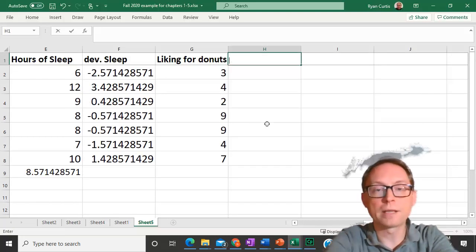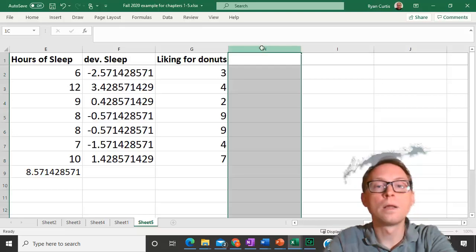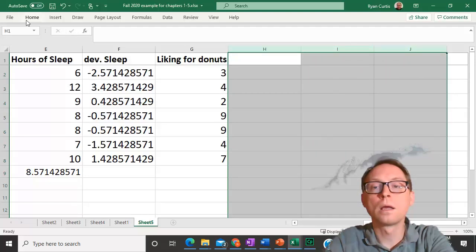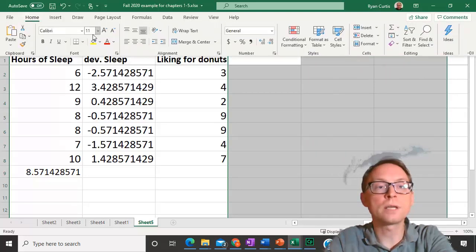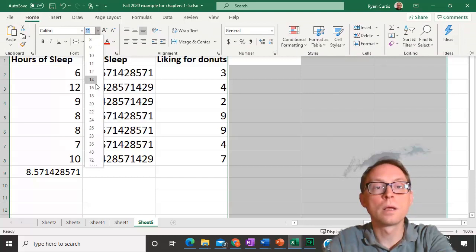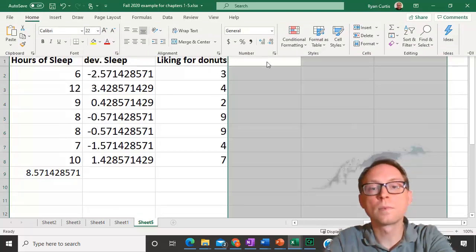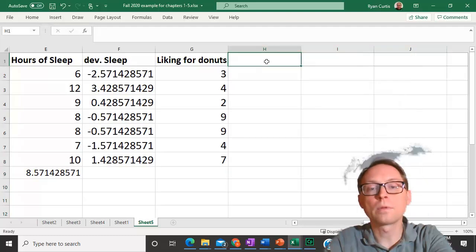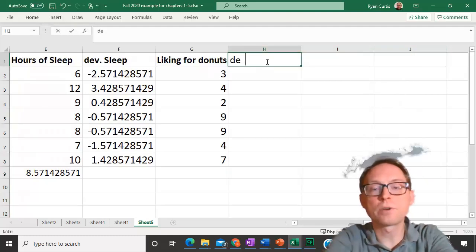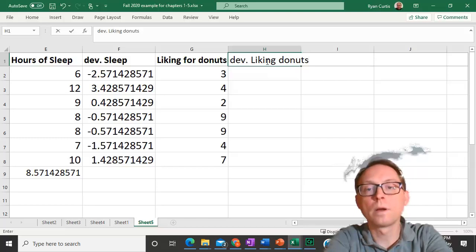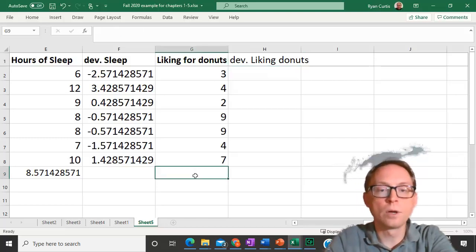So we need the deviations. I'm going to have to make this the right font size so that we can see each other. All right, this is going to be the deviations for liking for donuts. Well, in order to get that deviation, we better get the mean.